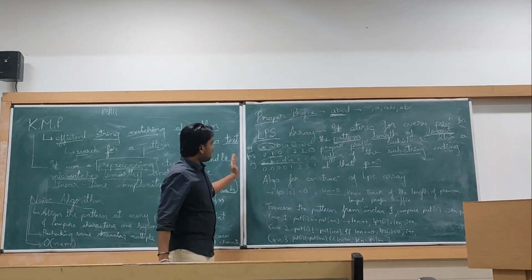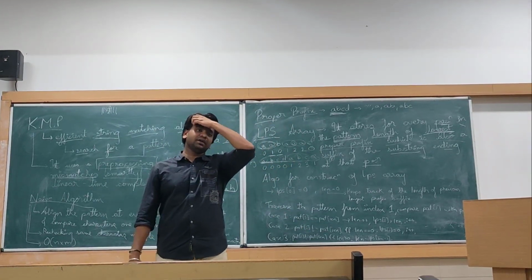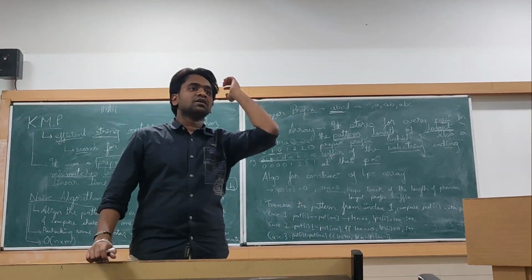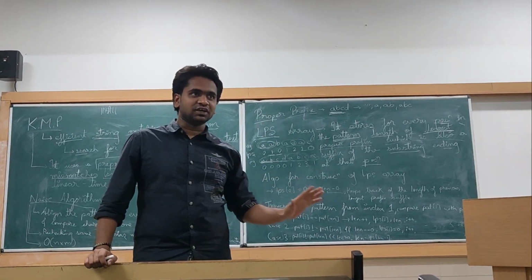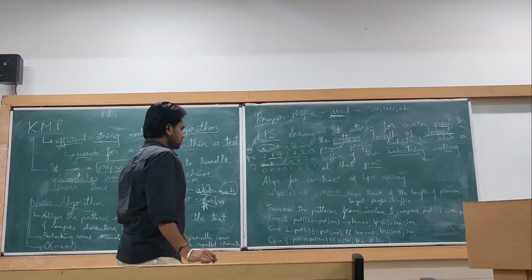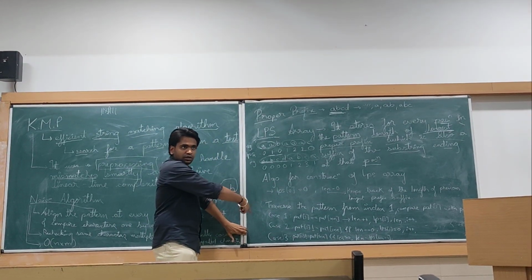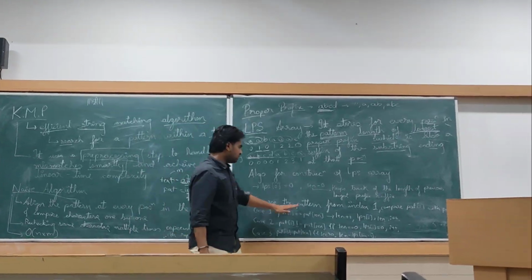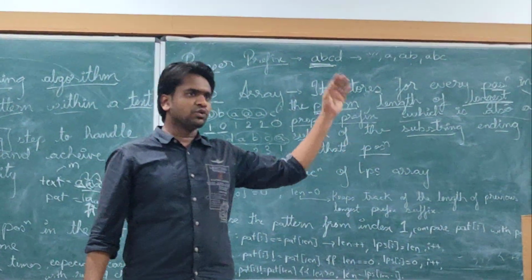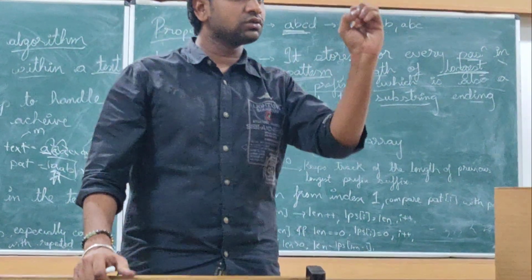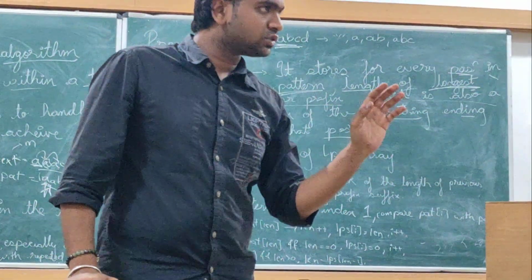Right? How to calculate this LPS array? Efficiently is the question. Right? So see, I hope this is visible. So you traverse the pattern from index 1 क्योंकि LPS of 0 is 0.